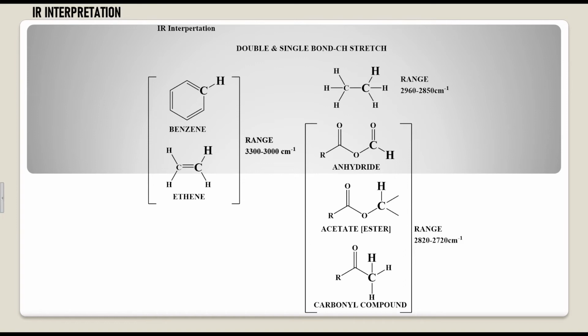What CH? This CH is called free hydrogen. That hydrogen is called free hydrogen. That free hydrogen, you can expect the peak in the range of 2820 to 2720. There you have to get the peak. If it is an alkane CH, that H is also free hydrogen. For that you have to get the peak at 2960 to 2850.